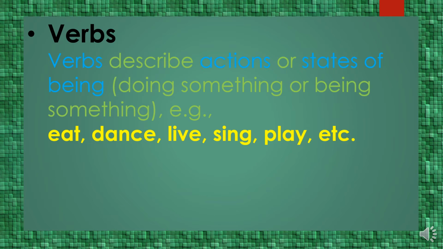And as I have already told you, Ram is a tall boy, tall is used as an adjective. So whatever words are showing some action taking place are known as verbs. I think it is now clear.